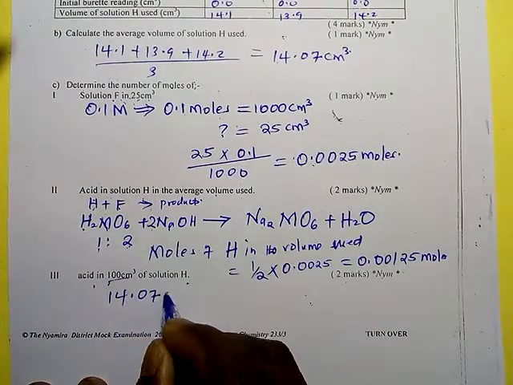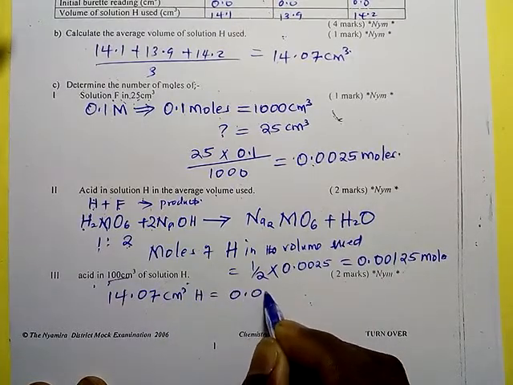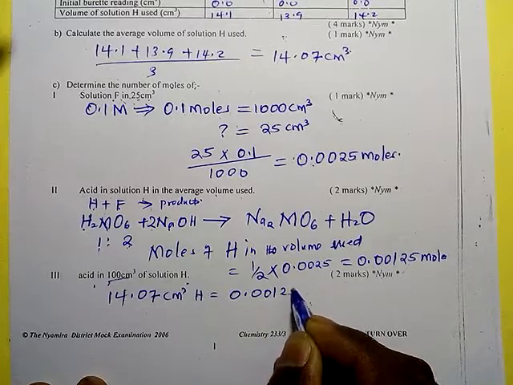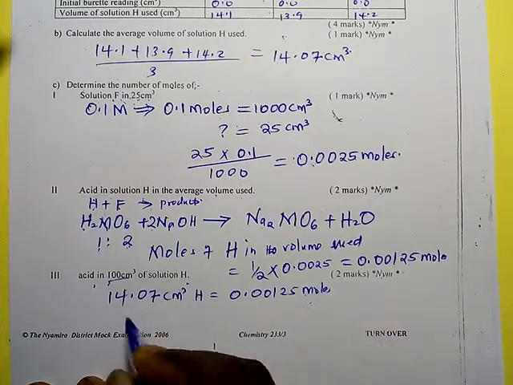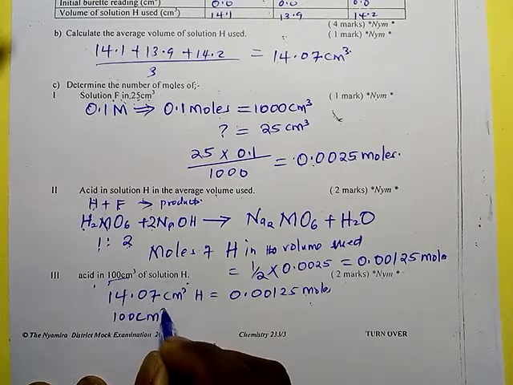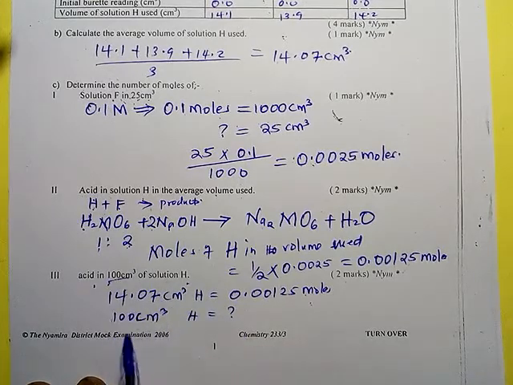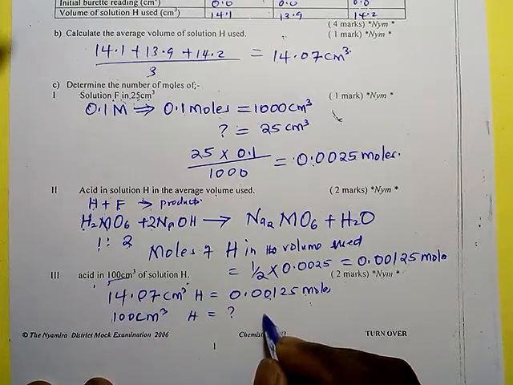14.07 centimeters cube of solution H contains 0.00125 moles. What about 100 centimeters cube of H? So it is 100 times this divided by this.